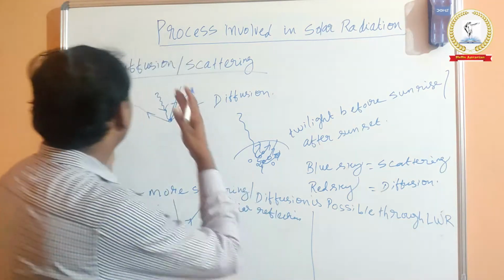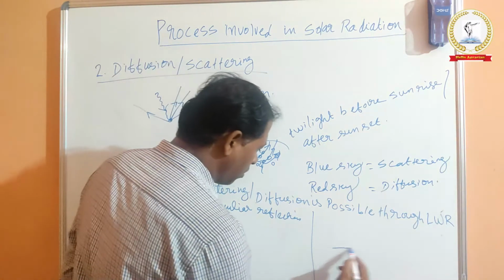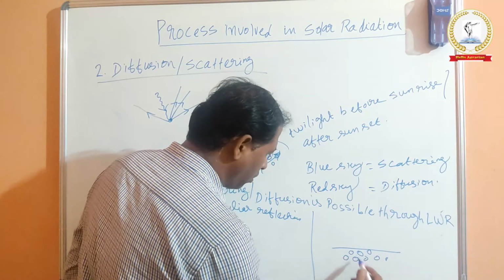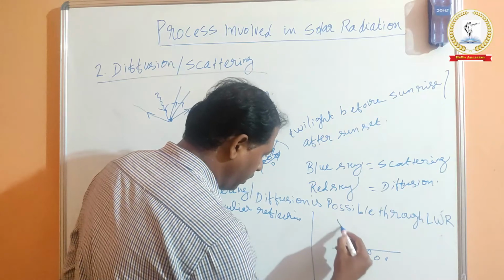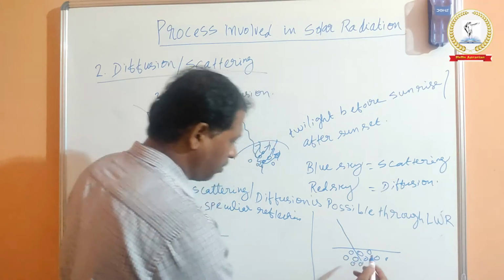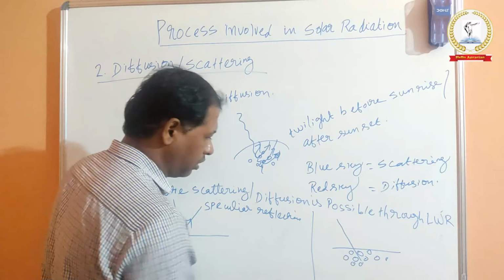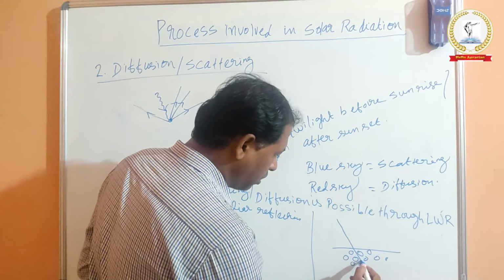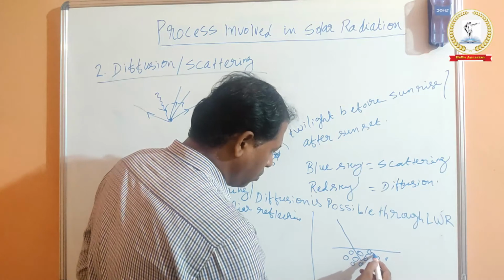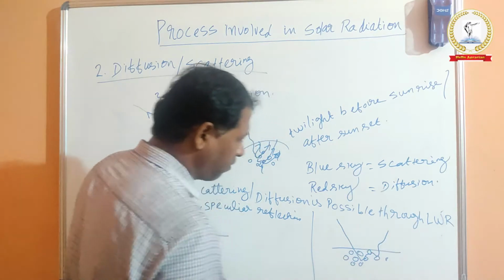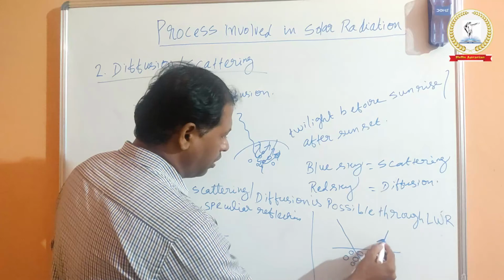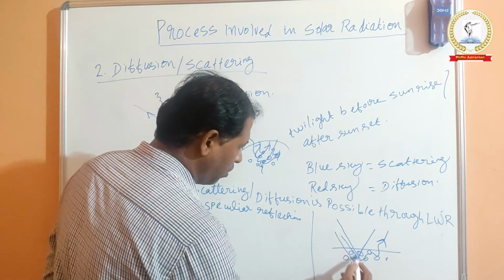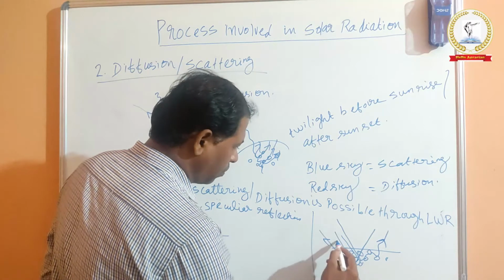Whereas in diffuse scattering, light passes through suspended particles or minute solid particles of aerosol and gases, it passes through different particles, and that is called diffusion.